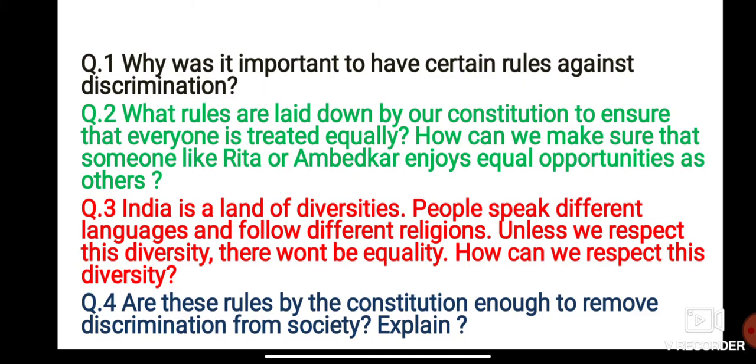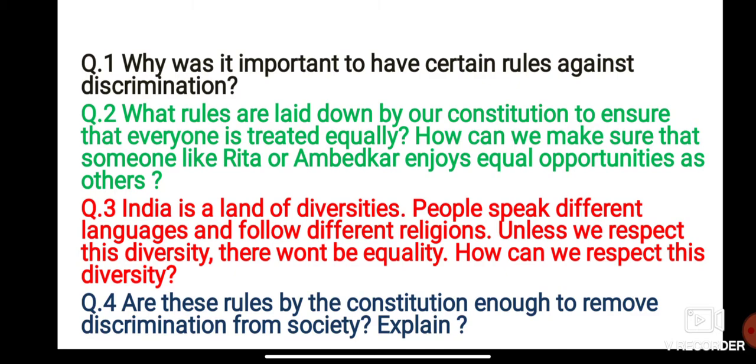According to the Indian Constitution, rules have been laid down to respect diversity. Everyone in India is free to follow his or her religion, to speak his or her own language, and to celebrate his or her own festivals.